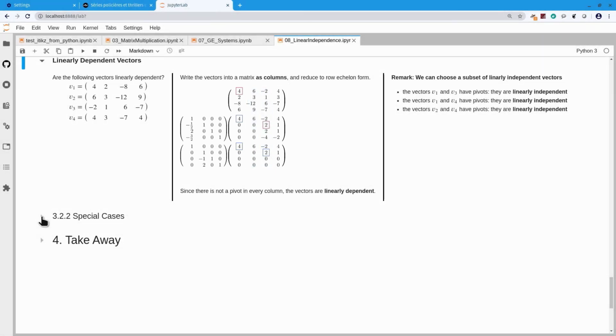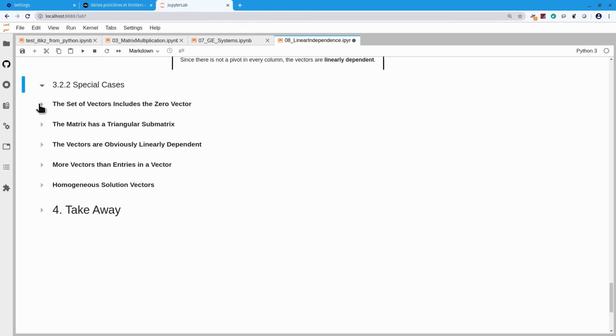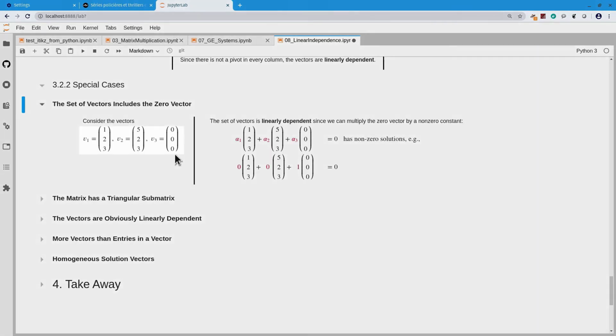Next, let's look at some special cases, because there are cases where we can answer immediately without doing any special work. My first example: let's suppose I give myself a set of vectors, and it has the zero vector as part of the set. The moment I have the zero vector, if I want to write a linear combination of these vectors and set it equal to 0, that zero vector can have any multiplier I care to put in.